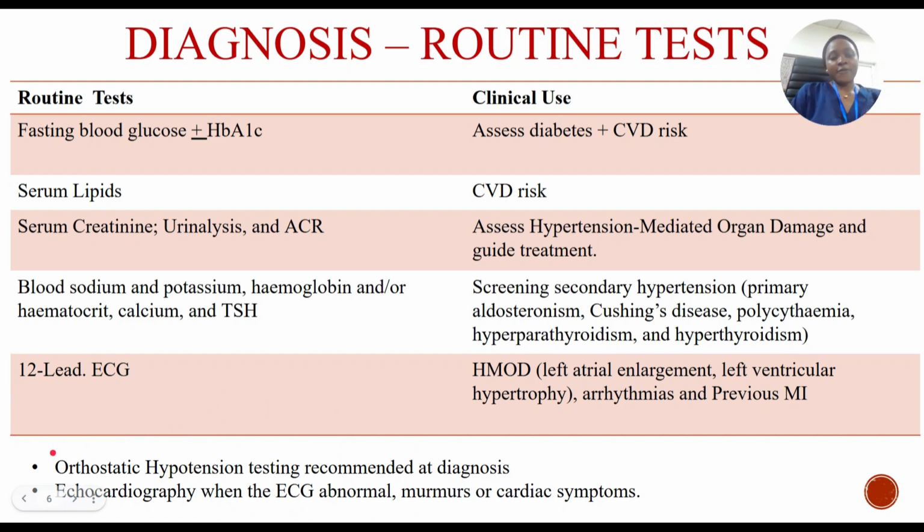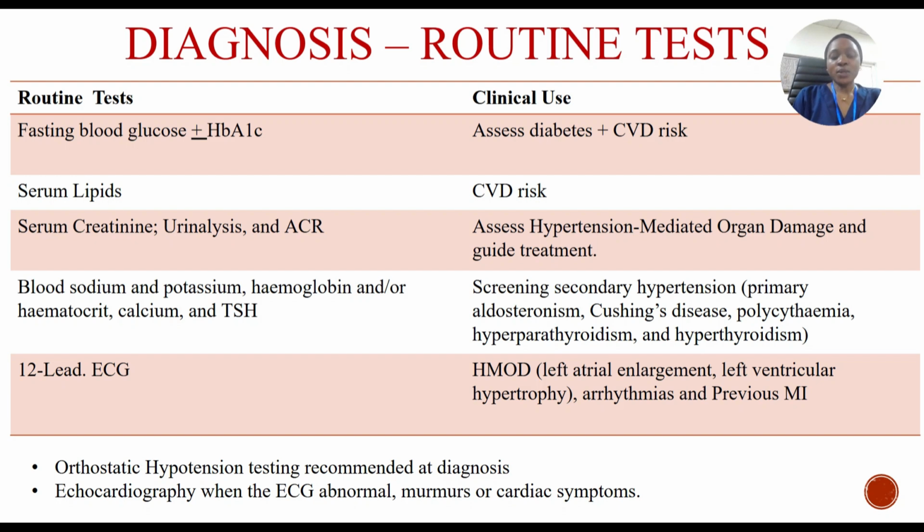Then, in addition to these routine tests, it's also recommended that we test patients for orthostatic hypotension at diagnosis. In orthostatic hypotension, the patient is asked to lie supine, and then stand, so we measure their blood pressure when they are supine and when they stand.